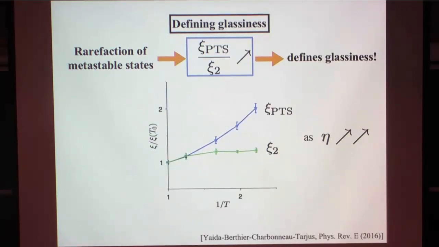Hence, this length scale should grow, and that's what we see. This blue line is the point-to-set length scale, and this green line is the two-point length scale measured by the density two-point function. The two-point length scale doesn't grow, whereas the point-to-set length scale grows. So I would say that the ratio between them growing is a way to define whether you have a glassy system or not. Okay.